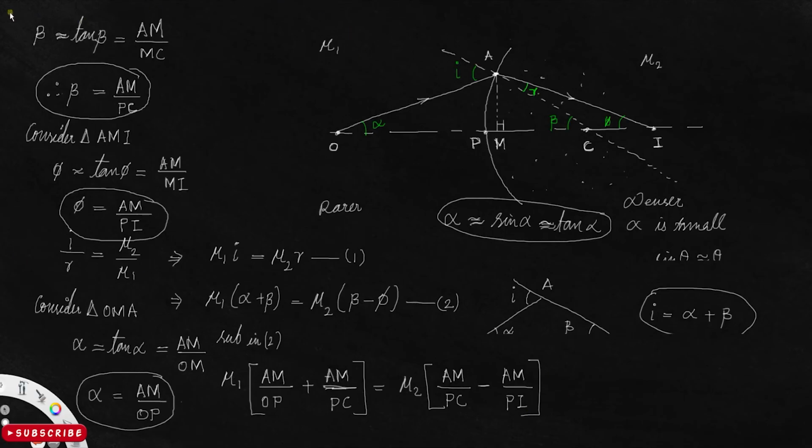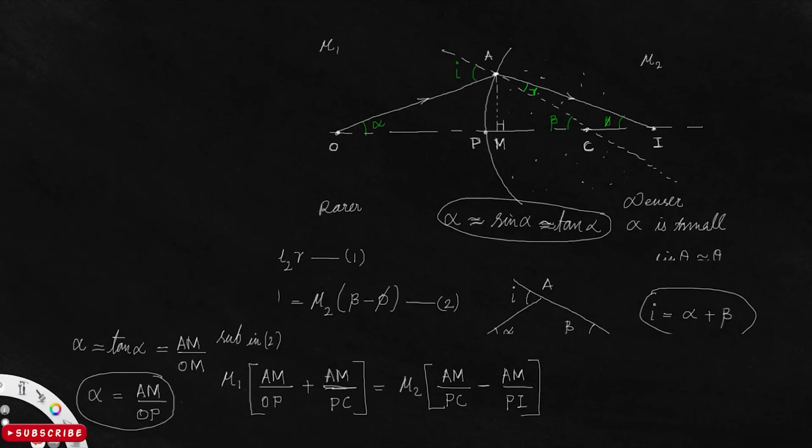Now we can simplify this equation. Here AM is common on both sides, so that can be taken out. mu1 into AM times 1 by OP plus 1 by PC equals mu2 into AM, again AM is common, 1 by PC minus 1 by PI. Clear?